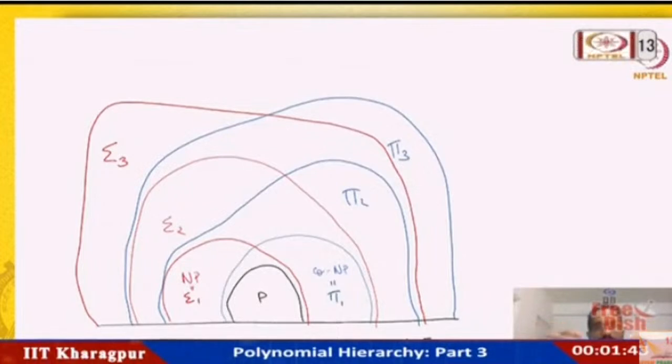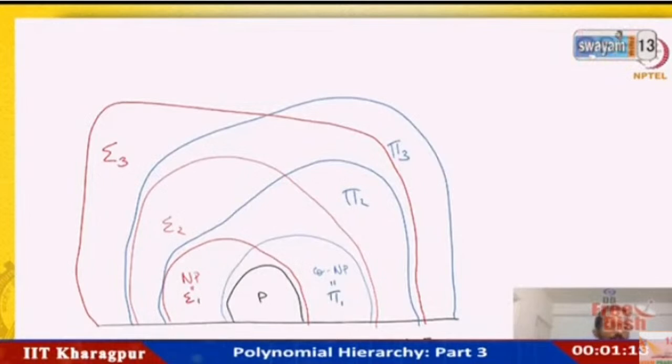But the thing is that we don't know if any of these are distinct. It is possible that all of them are equal to P. It's also possible that all of them are separate, everything different from every other thing. Sigma k may be strictly bigger than Sigma k minus 1, which is strictly bigger than Sigma k minus 2, and so on.